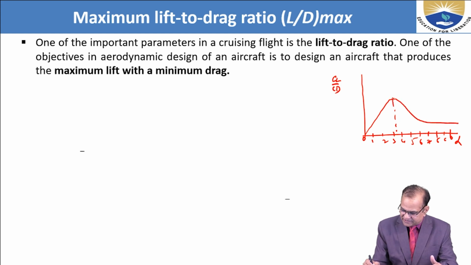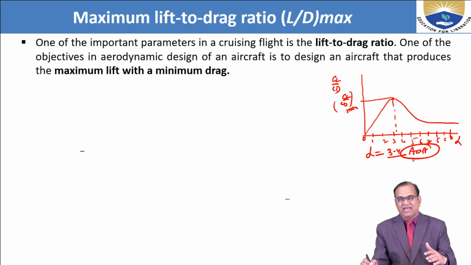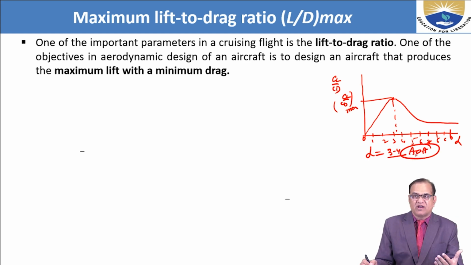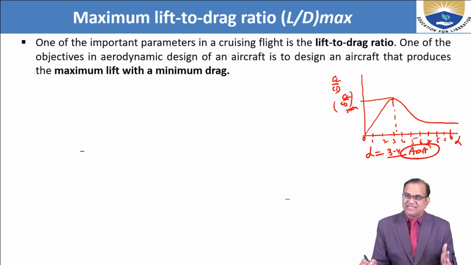This is the point where CL by CD is maximum, at an angle between 3 to 4. This alpha, the angle of attack, is the one at which, if you fly, the performance of the aircraft will be high. As a designer, we are engineers and we have to design the aircraft, so we should make sure that CL by CD is maximum.